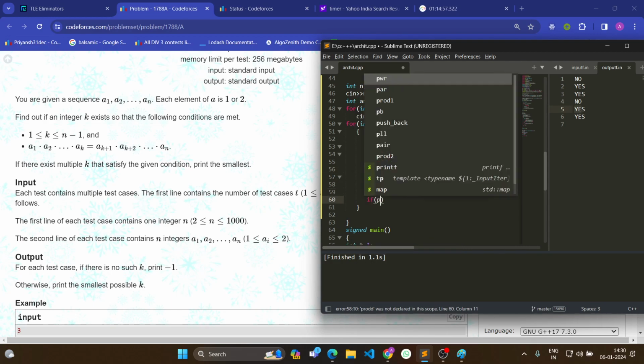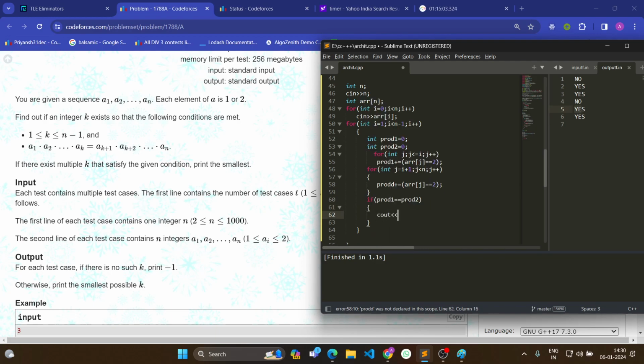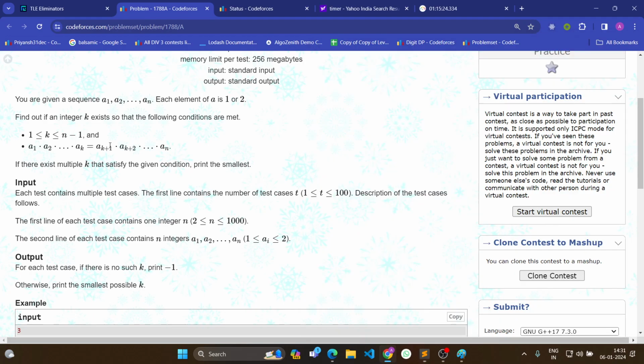And if prod 1 is equals to prod 2, answer is i plus 1, otherwise answer is minus 1. And let's return it, complete the function over itself and kill it.